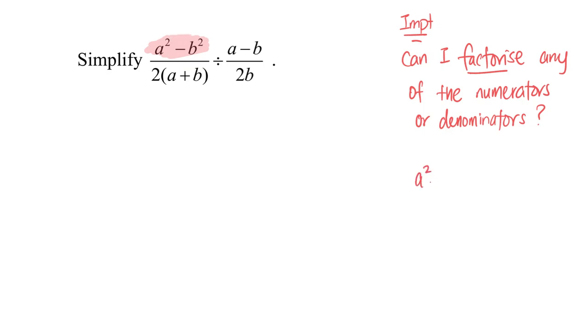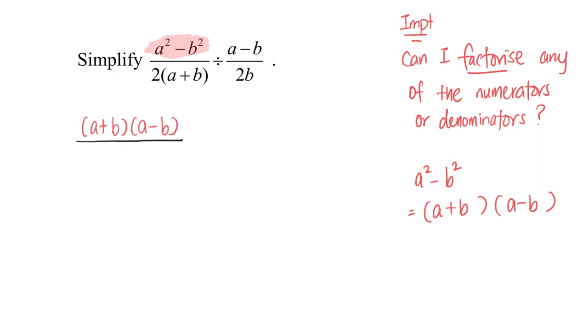So a square minus b square is equal to, when I factorize them, a plus b, a minus b. And that will be the first thing that I'm going to do here. And I still have my 2 multiplied by a plus b here. I will have my a minus b here over 2b.